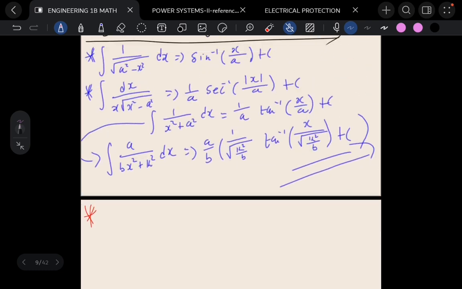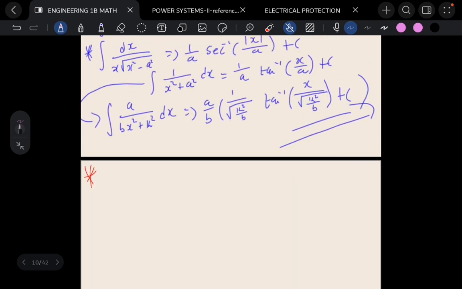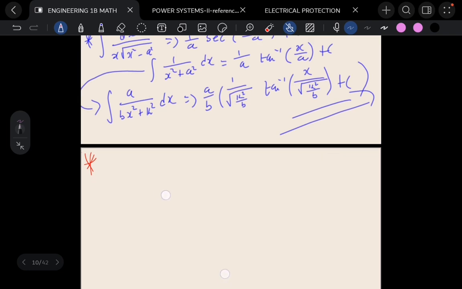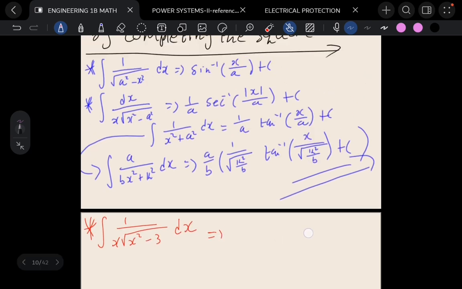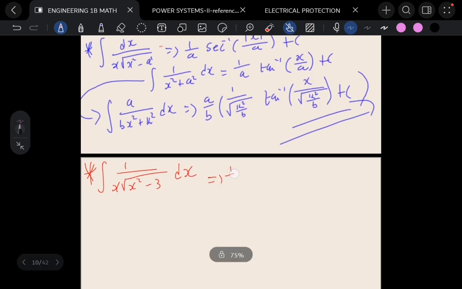I'm going to play with arctan. So when we integrate 1 over x square root x squared minus 3 dx, I'm going to have 1 over root 3 arcsec of the absolute value of x over the square root of 3 plus c. That is your answer.